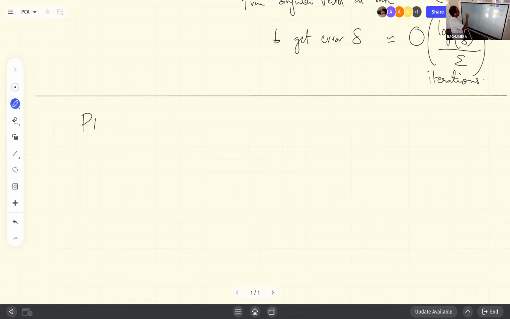If you look at the iteration, what kind of access do you need to run the power iteration? I'm trying to compute the first singular vector of this matrix X. Do I need to write down the entire matrix in main memory? What's the minimal requirement to actually run the algorithm?